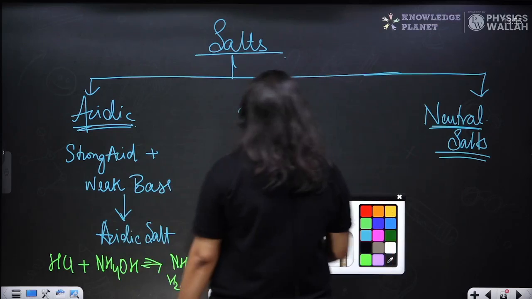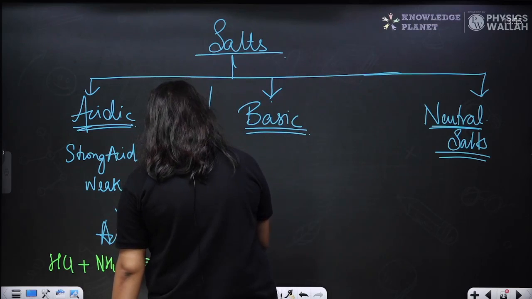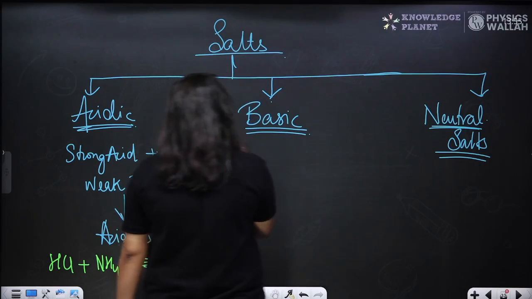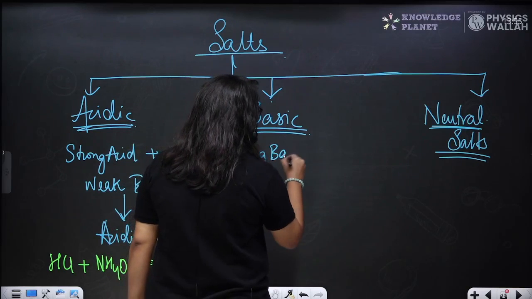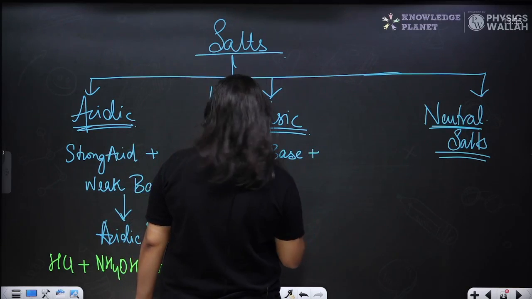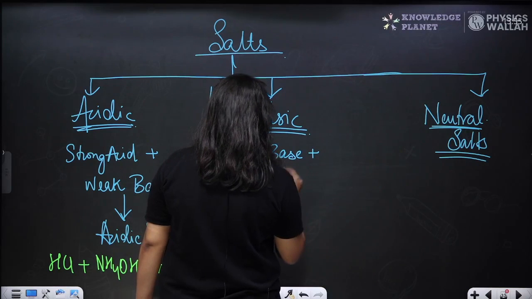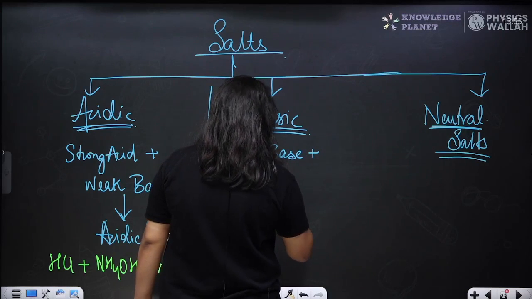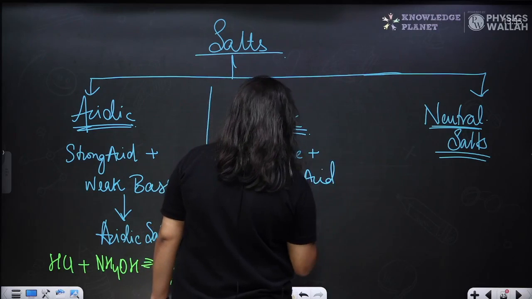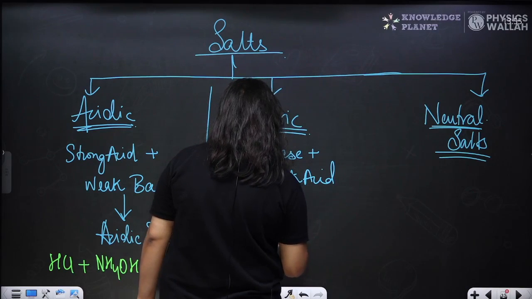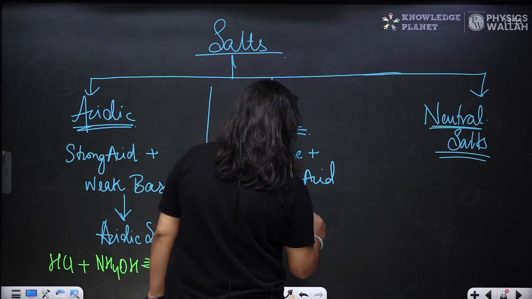Now, with respect to basic salt, let's try to understand basic salt. So, when a strong base interacts with a weak acid, what we get is a basic salt.